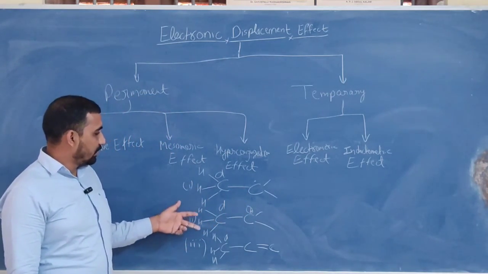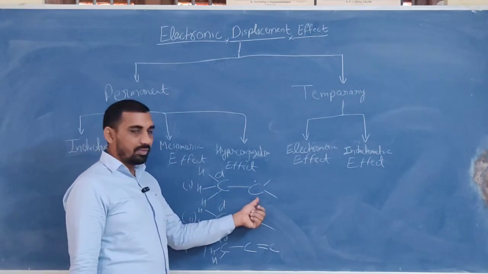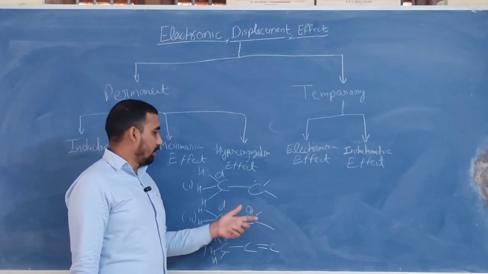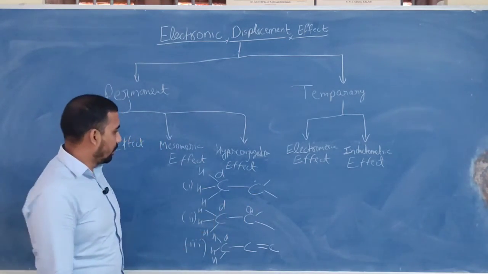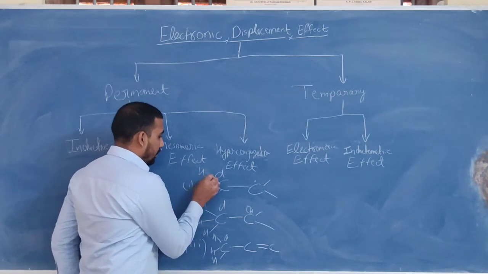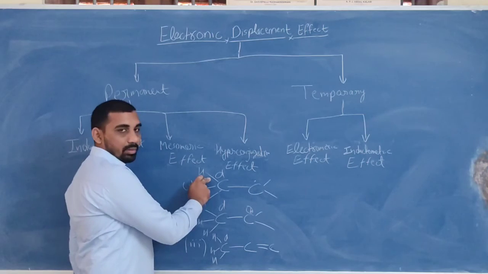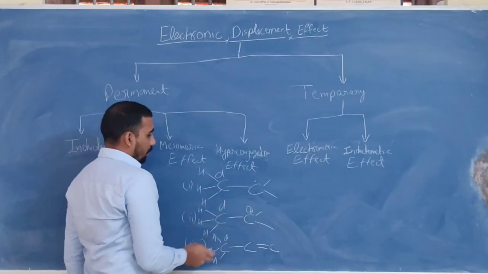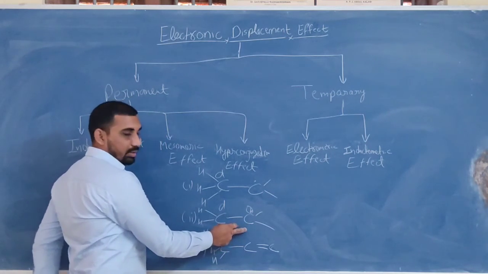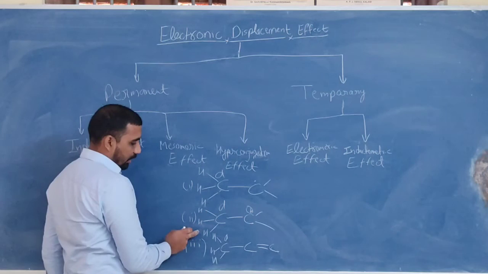There are 3 cases in which hyperconjugation can happen. Let's suppose we have a free radical here. This is also an electron deficient species. What will happen here? This sigma bond is electron rich. We have 2 electrons here. This is an electron deficient species, and here also. On the alpha carbon we have 3 hydrogens.